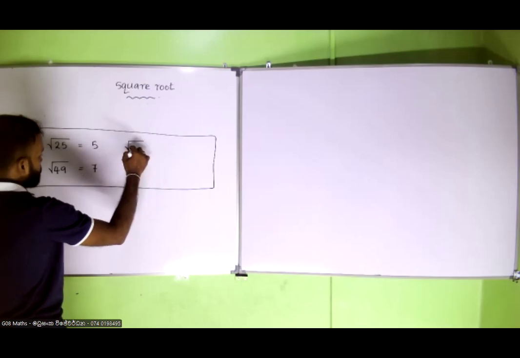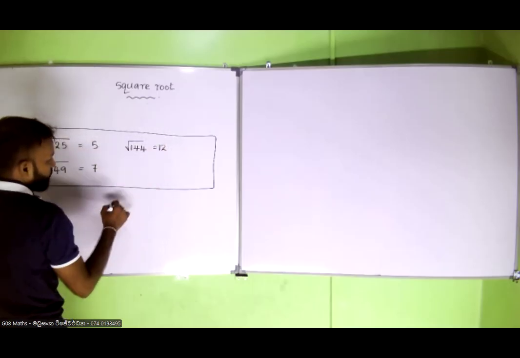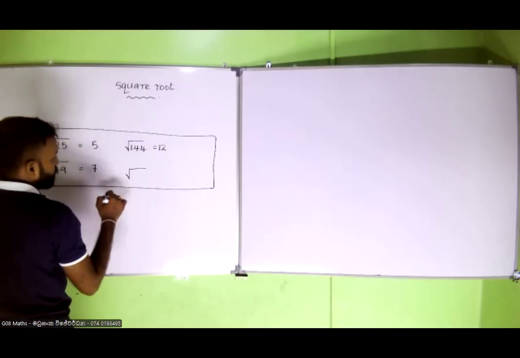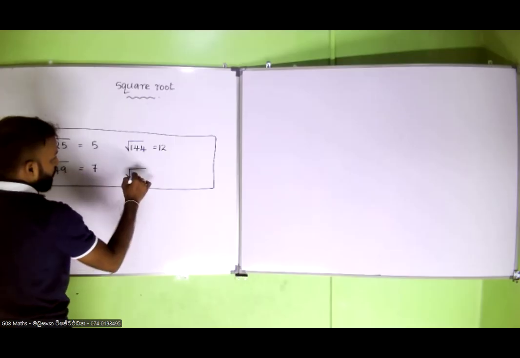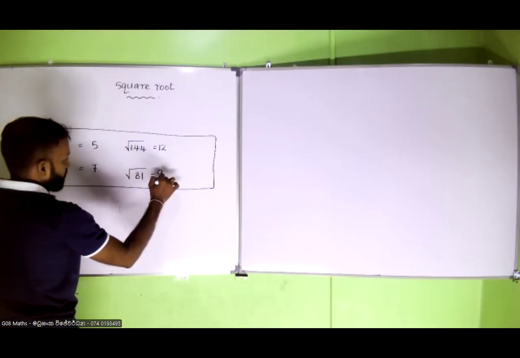Square root of 144 is 12. Square root of 81 is 9.